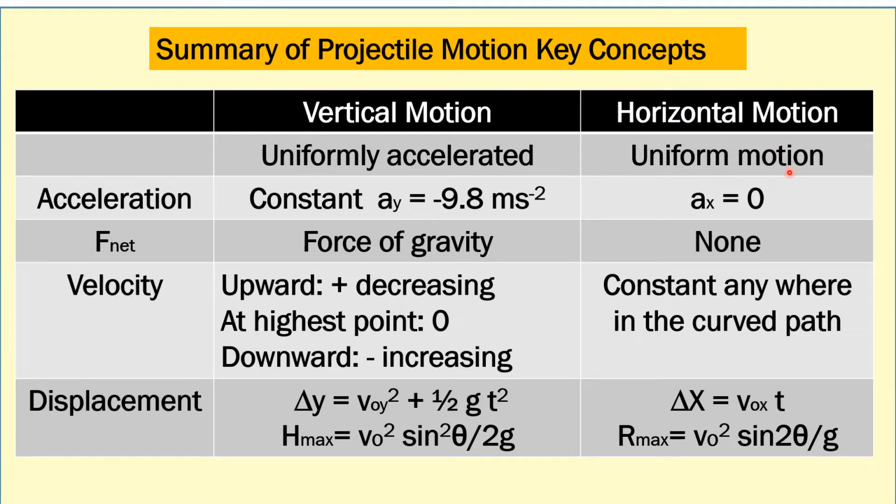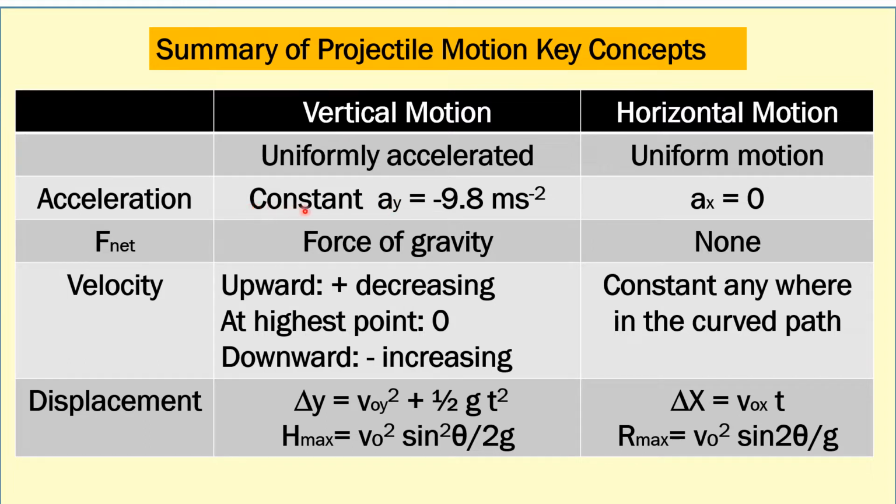These two types of motion are independent. In other words, one does not affect the other. So let's take a look. How do we describe the acceleration of a projectile as far as its vertical motion is concerned?